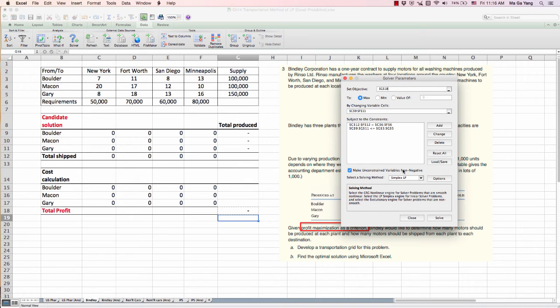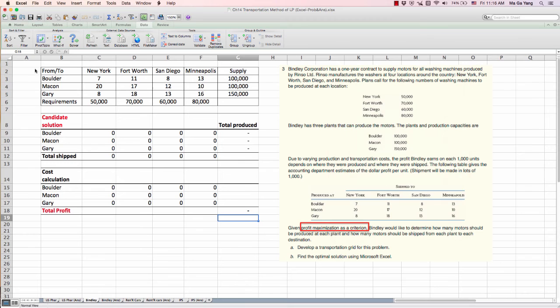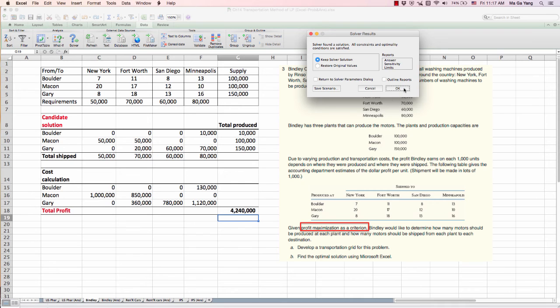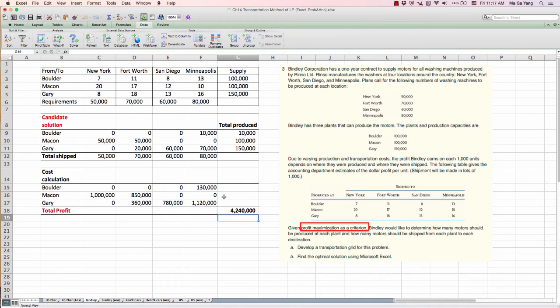We click non-negative and Simplex LP, and click Solve. And it provides the optimum solution. Click keep the Solver solution, click OK. $4,240,000. That's the total profit they can make based on this optimum solution.